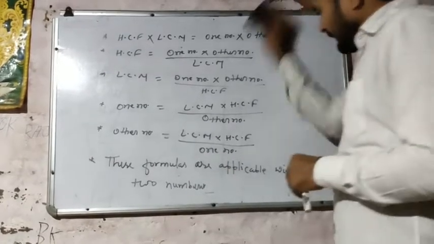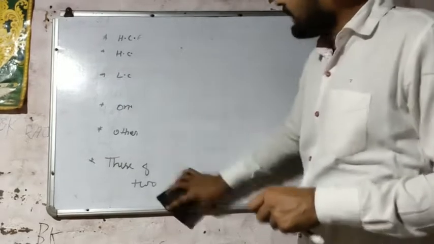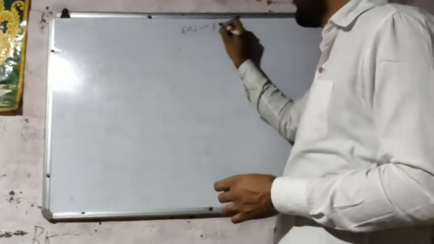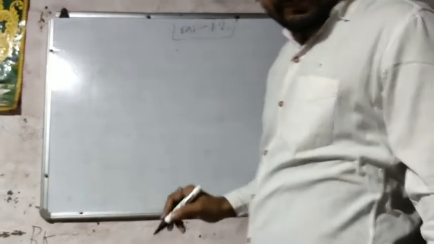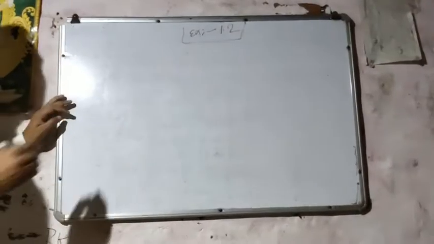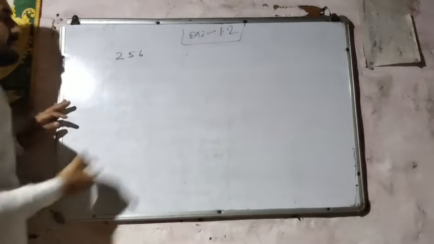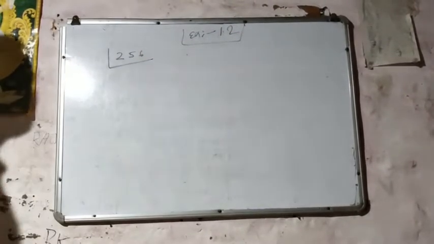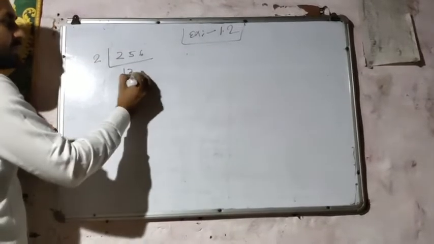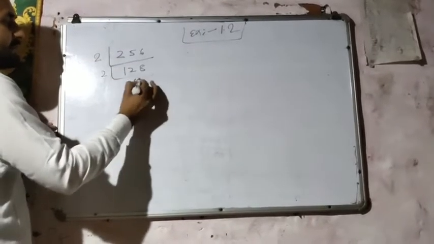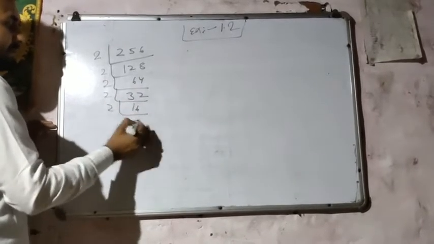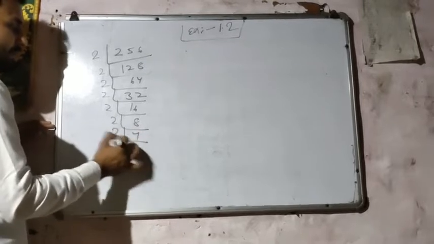So moving ahead, we have to start exercise 1.2. In this exercise, first we have to find the prime factors of 256. Solving it, divide by 2: 128, divided by 2: 64, divided by 2: 32, 16, 8, 4, 2.